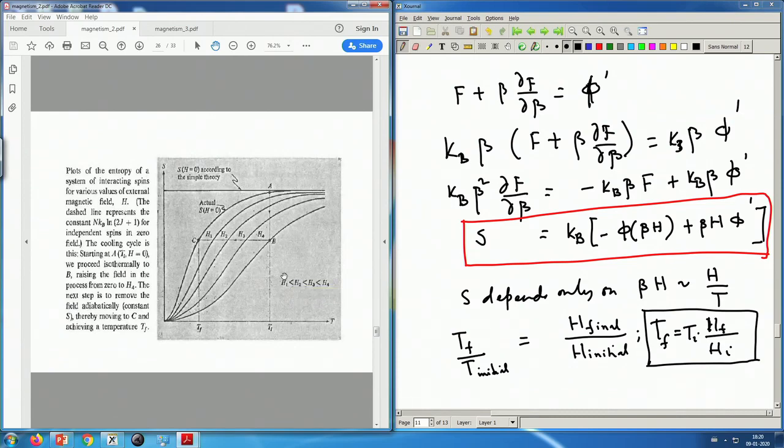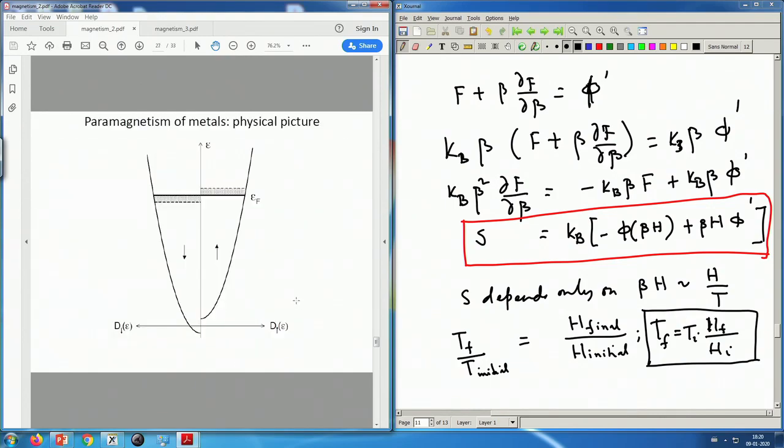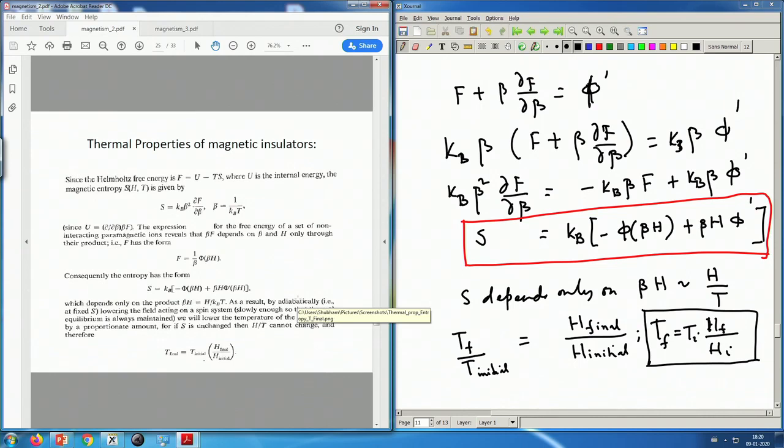Now, of course, this is a beautiful scheme, but as I said, this kind of simple theory really does not work, and it breaks down at some point. So, where and why does it break down? It breaks down simply because it cannot be that the entropy only depends on the spin moments, right.